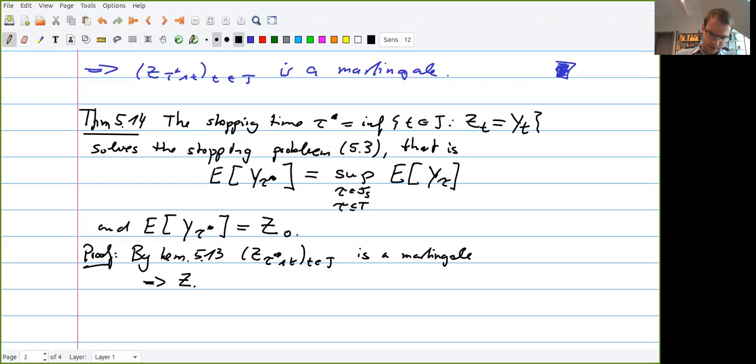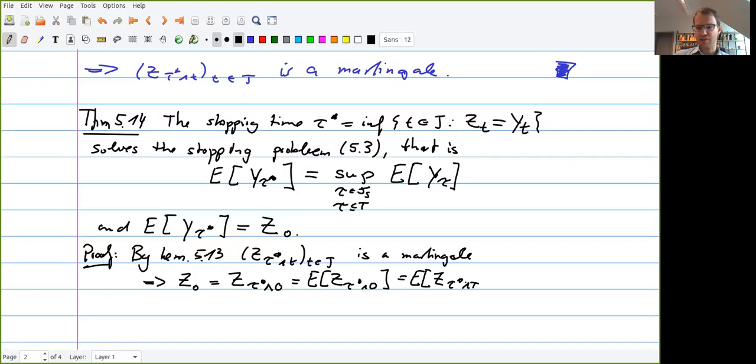So that at time 0 it is equal to Z at time tau star minimum 0. The minimum with 0 is always 0, so this is constant, and I can also take the expected value of this. But now this is a martingale, so the expectation stays constant, no matter what time I pick.